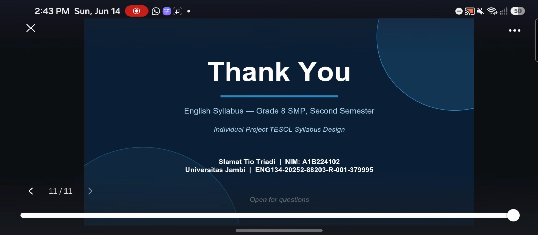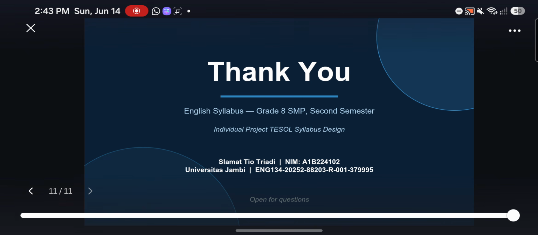That brings me to the end of my presentation. To summarize, I designed this syllabus for grade 8 SMP students who are at the beginning of the lower intermediate level, using CLT and TBLT approaches with 8 communicative units, 8 classroom activities, and a 3-tier assessment plan.